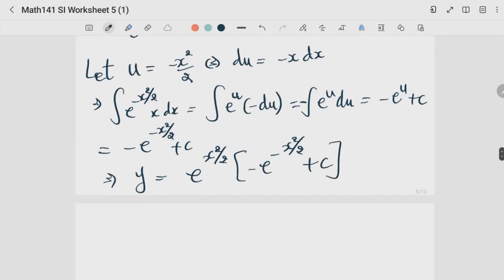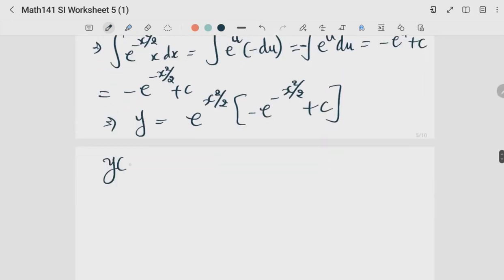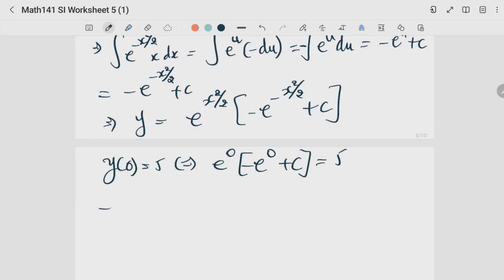And we know from the initial value that y of 0 is equal to 5, which means that e to the 0 times negative e to the 0 plus c is equal to 5. Meaning that minus 1 plus c is equal to 5, so c is equal to 6.